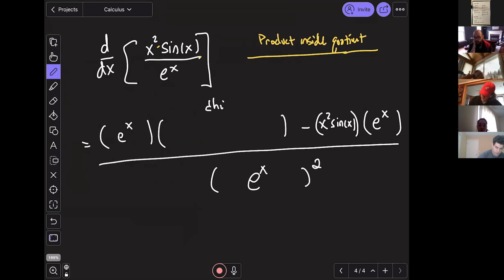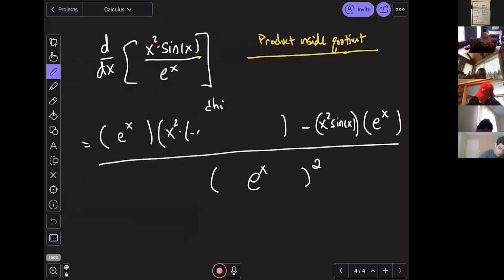Okay, so I'm like 90% of the way done here. And all I have to do is then execute the derivative of my numerator, which is a product rule. And so what we'll see here is we do our first function times the derivative of the second, right?